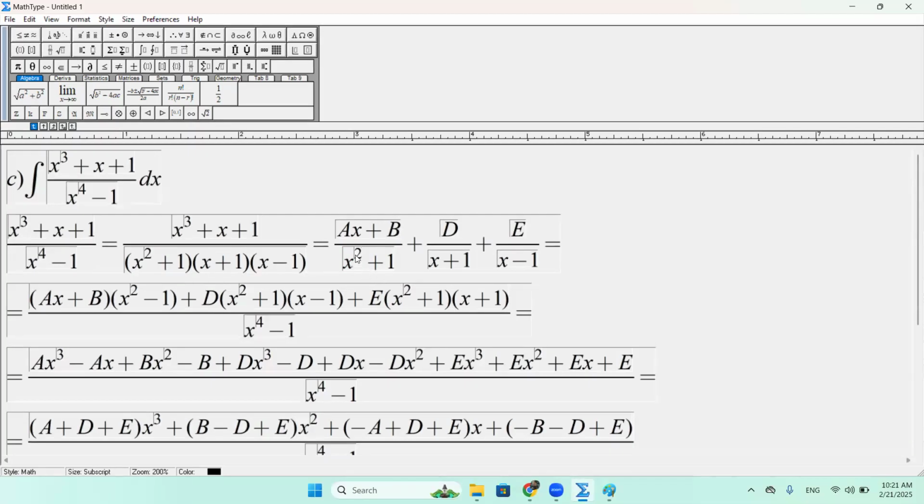If it was x in power of 4 plus 1, we would have to write down coefficients for x cube, x square, and x in power 1.